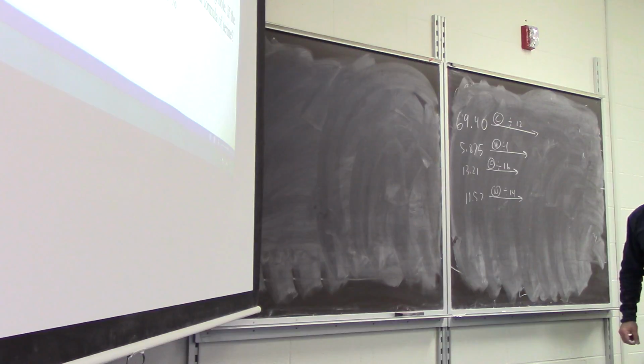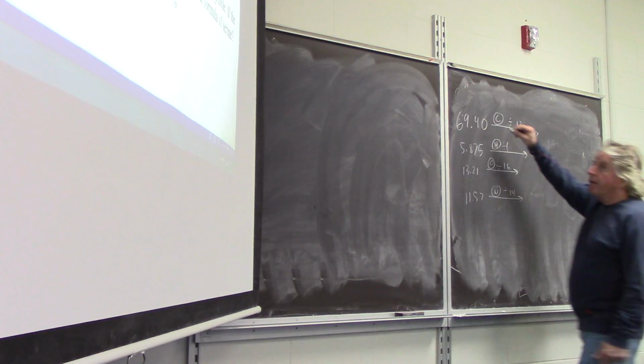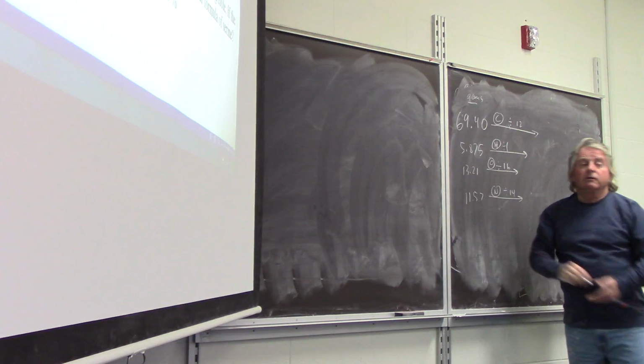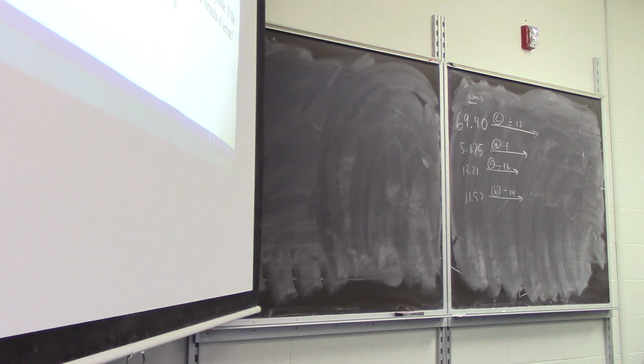Okay, so we have grams. Remember, if you give percent, you're just going to assume that's out of 100 grams, and don't worry about percents, and have it in terms of grams.